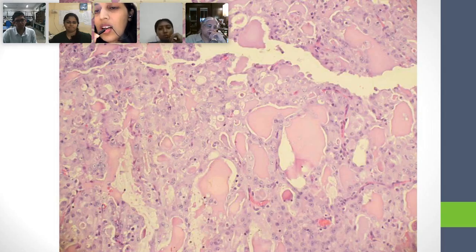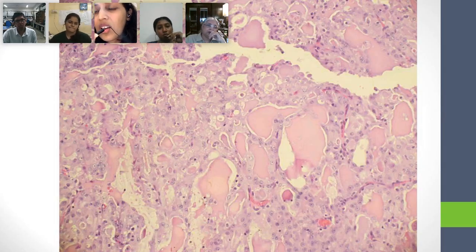Ma'am, here the cell borders are not distinct, and the cytoplasm looks pale eosinophilic and in some places multivacuolated, and the nuclei look round to oval, vesicular, pale, with one or two prominent nucleoli in many of them. And also there are these lakes of eosinophilic acellular material in between these cells.